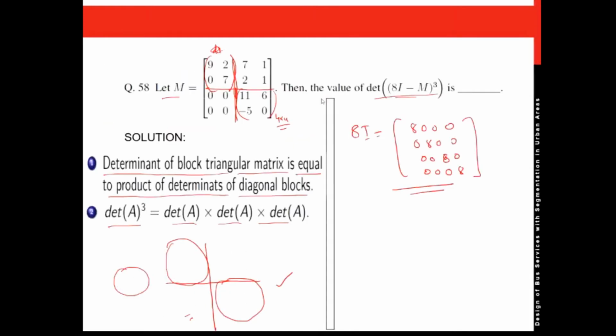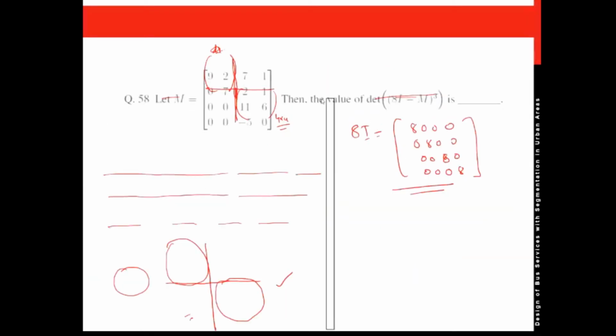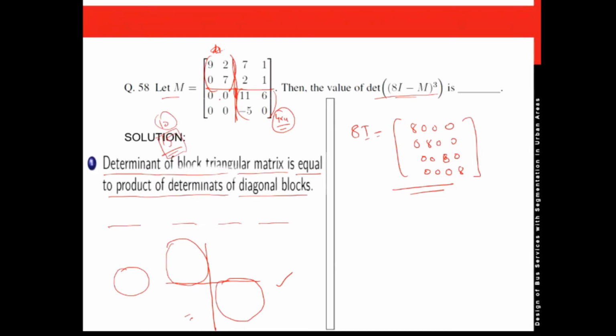So as I told you, in this question, if you are doing it in the conventional way, it will be very difficult. Not difficult, it will take more time, more than 10 or 15 minutes if you do it. But if you know these results, you can find the answer in 1 or 2 minutes.